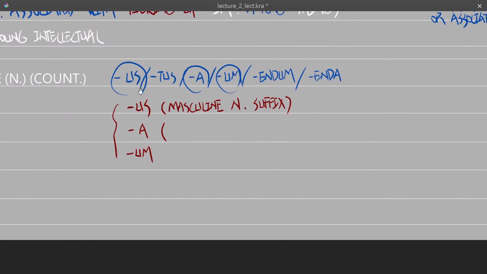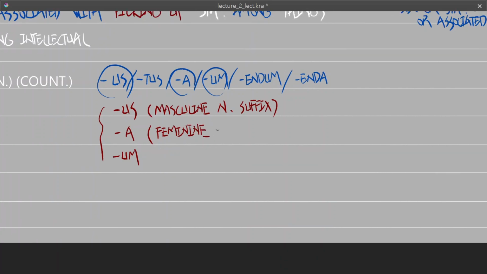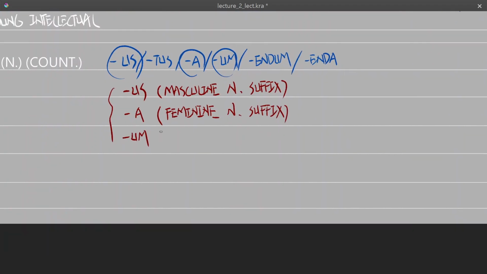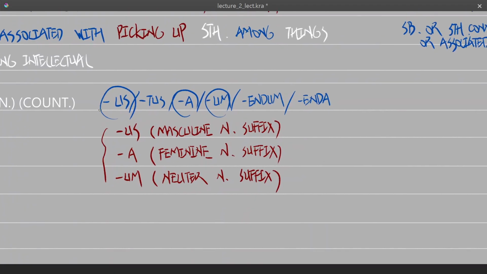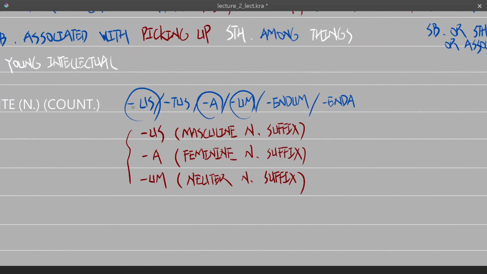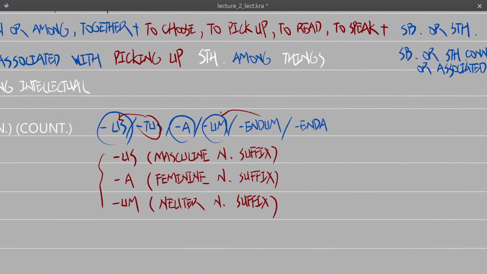That means male. And we have a female, so feminine noun suffix a. Or we have a neuter, no gender, neuter noun suffix um. So study these three as a group. And this is a variant of us, and a is a variant of us too.